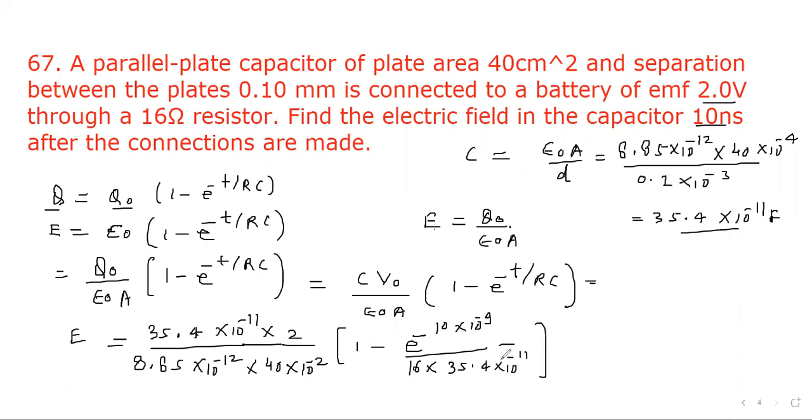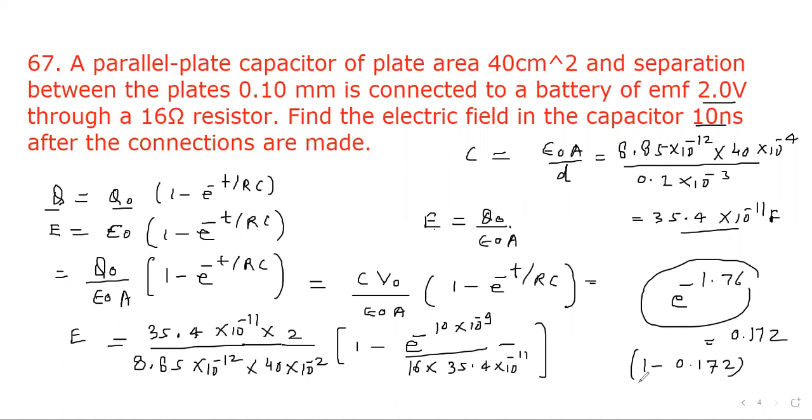So if we simplify this, this will become e to the power minus 1.76. And the value of this is equal to 0.172. So the bracketed term will become 1 minus 0.172. So that will be 0.83.